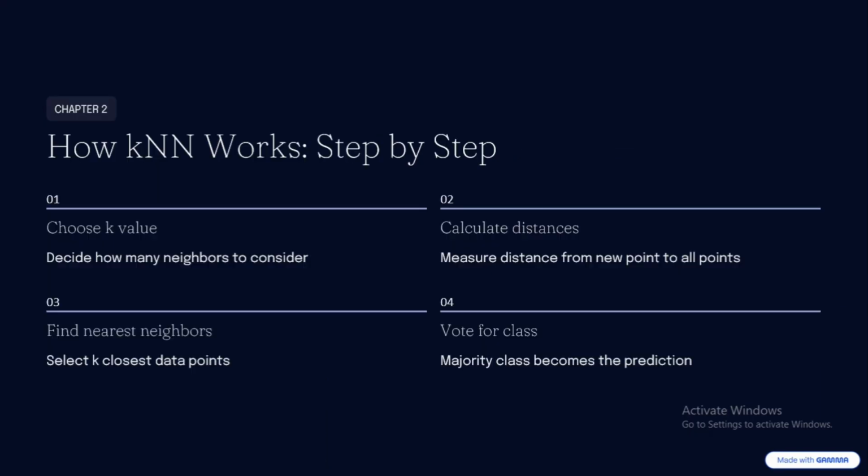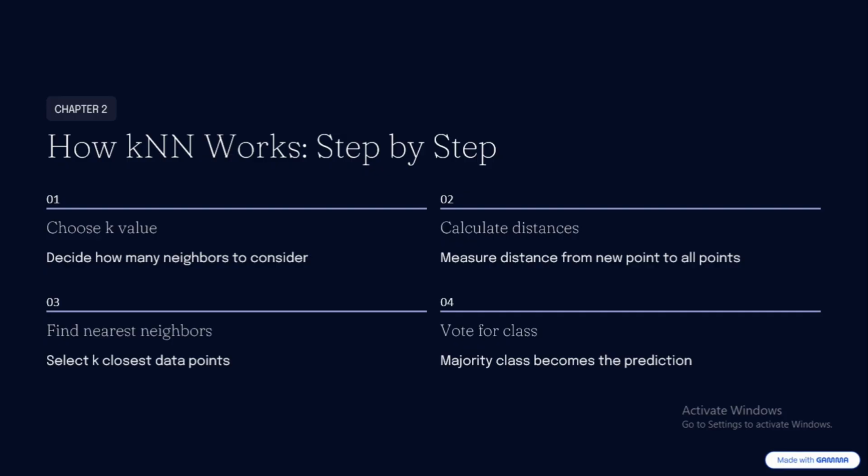Now, how kNN works step by step. Let's understand the workflow clearly. Step 1. Choose the value of k. This means how many neighbors do we want to consider. Step 2. Calculate distance. We calculate the distance between the new data point and every training data point.